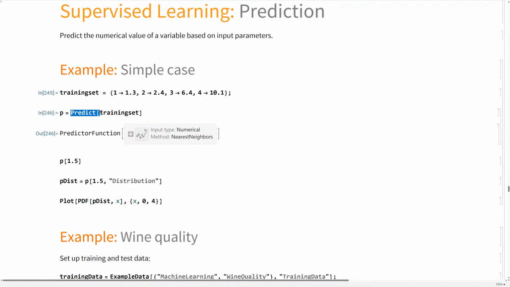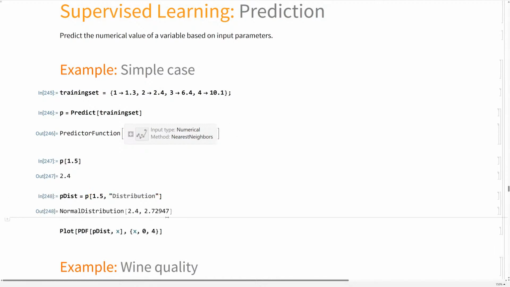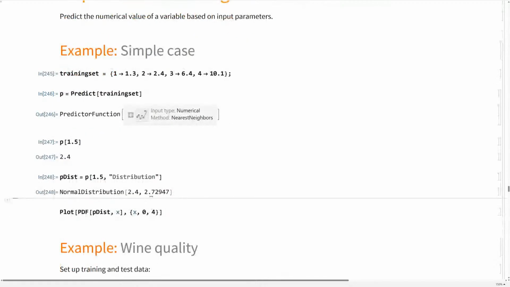It will just be this one function, and then you put the data in. This time, I want to see where 1.5 is, and it was telling me that it's also 2.4. Okay. And this distribution is telling me where 1.4 is sitting. So it should be sitting at this point in this normal distribution.